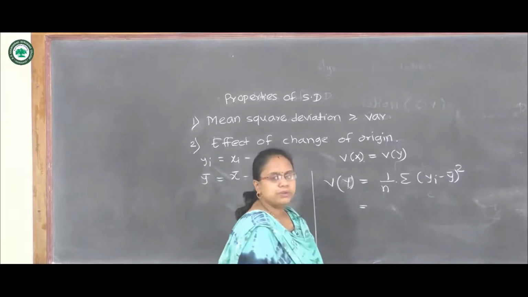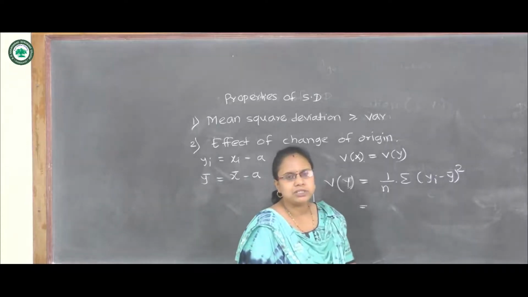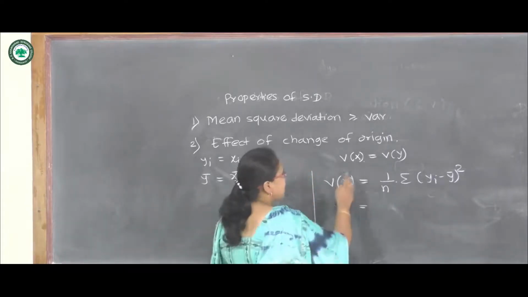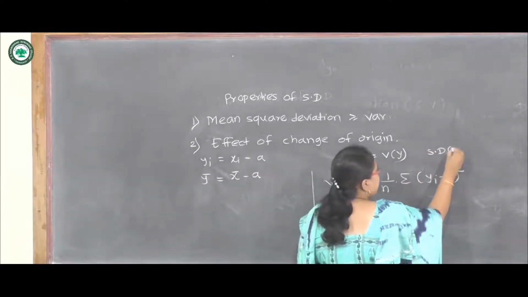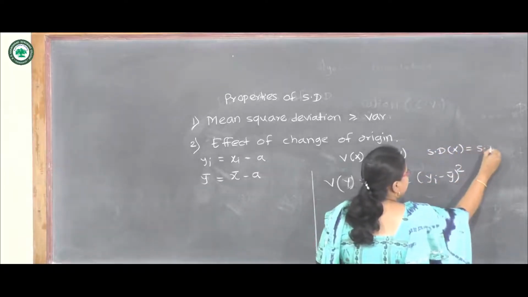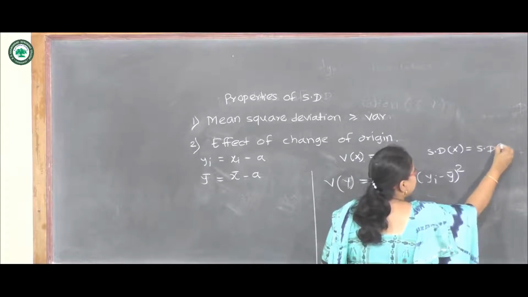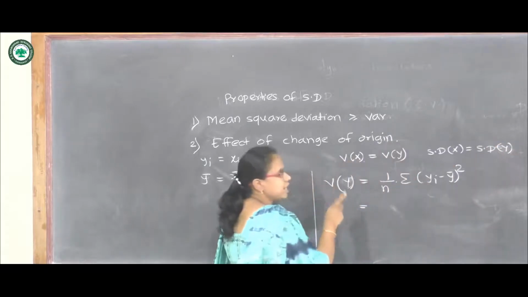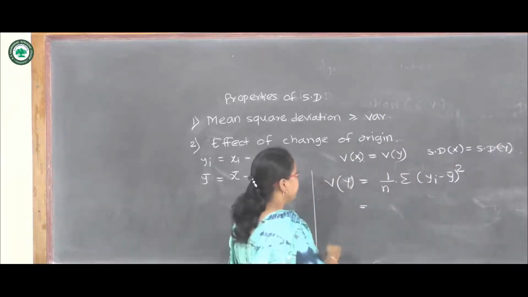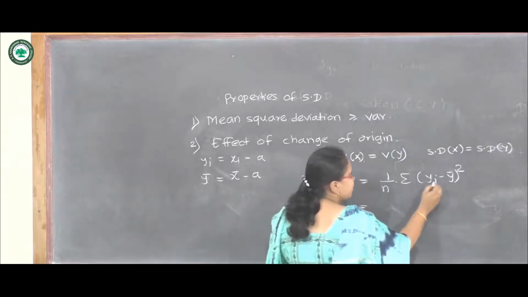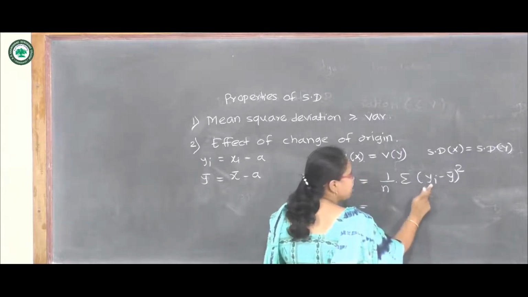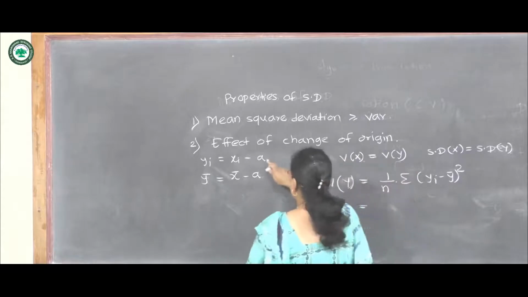We can also prove this property for standard deviation, meaning standard deviation of x will be equal to standard deviation of y, where we just take the square root of these terms. Let us prove this first. So I will substitute the value of yi and y bar from here.